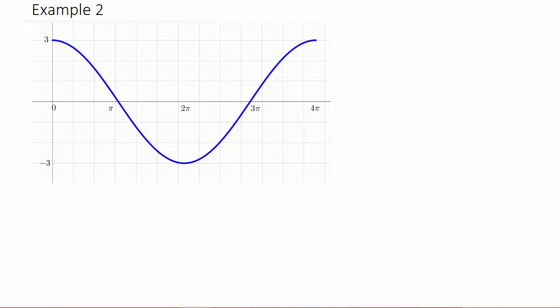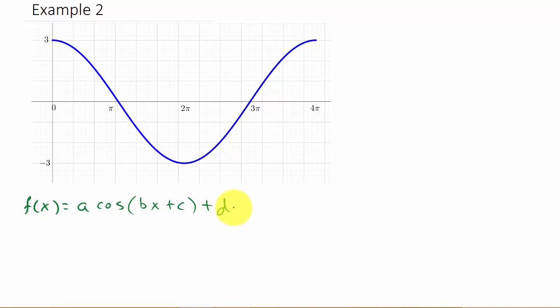All right, so let's look at this one. Well, obviously here we can see that this is a cosine function. And so we know that our graph is going to be in this form. f of x is a times cosine of bx plus c, plus d.